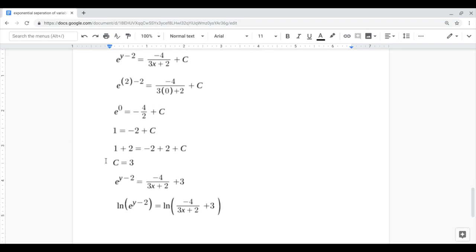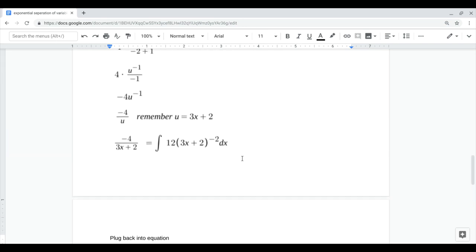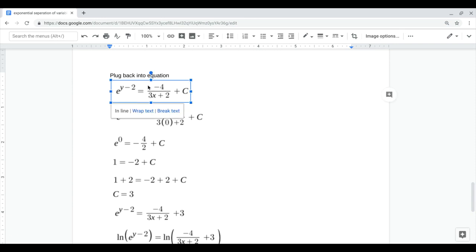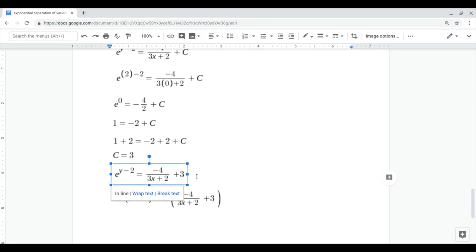Now we're going to plug c back into our general solution, which is actually this right here. So we plug c back into our general solution, and we have e to the (y - 2) is equal to negative 4 divided by (3x + 2) plus 3.